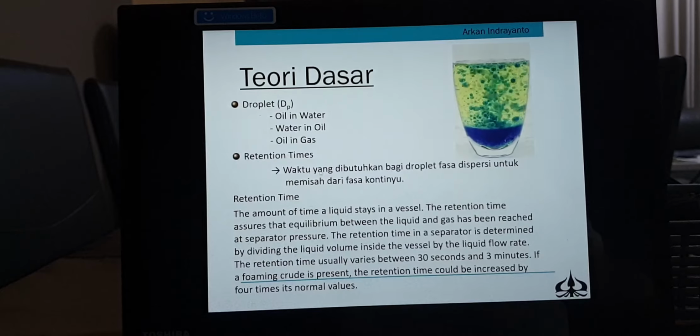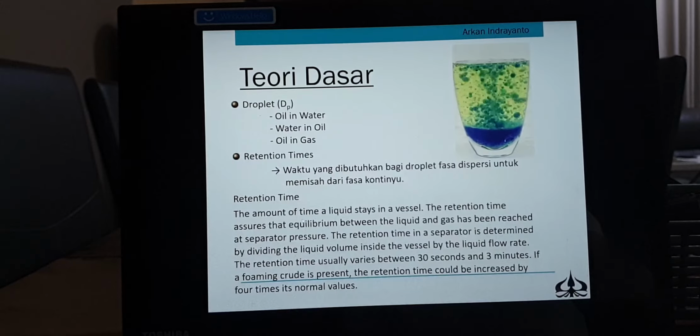Retention time is the time needed for the droplet to be dispersed from the continuous phase. For example, the time for the oil to be separated from the gas, where the gas is the continuous one. The definition from Schlumberger: the amount of time liquid stays in a vessel.